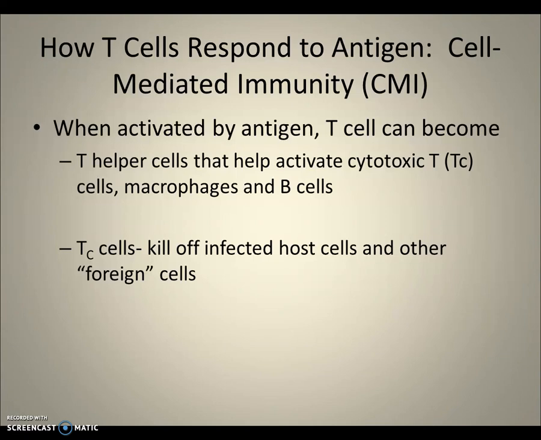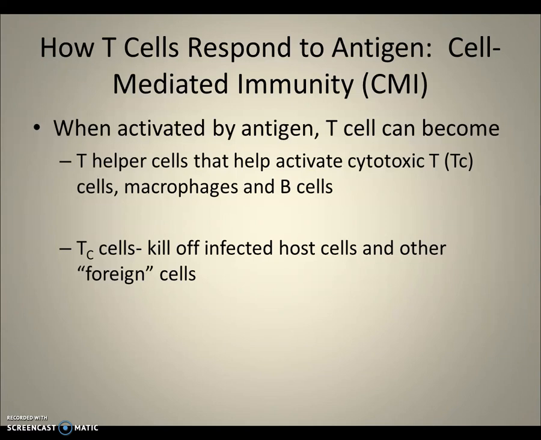So why would you want to kill a host cell? Well, if a host cell was infected with a virus, you would want to kill it off so that it wouldn't be replicating the virus inside, or it would be able to kill the foreign bacteria or virus, right? Helper cells help to activate other T cells and to communicate with macrophages and B cells.